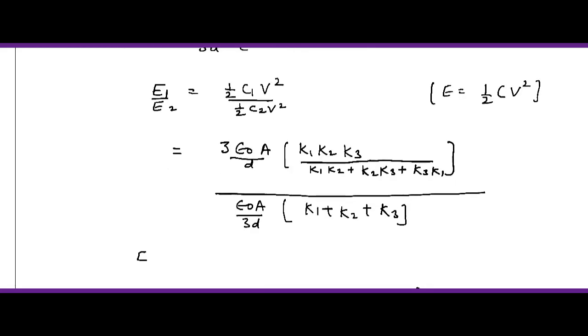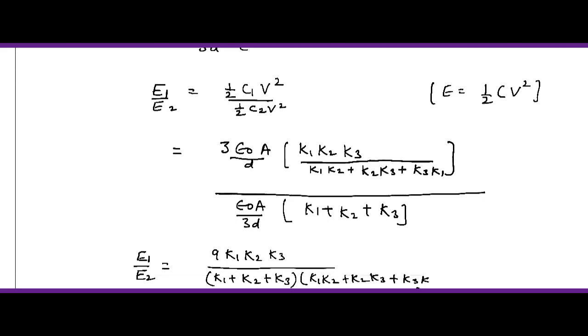Now the value of E1 by E2 will be equal to 9 K1 K2 K3 by K1 plus K2 plus K3 into K1 K2 plus K2 K3 plus K3 K1.